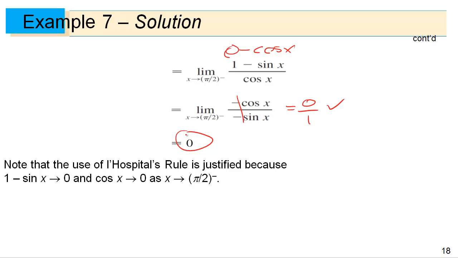And again, this is justified. We can do L'Hopital's rule because when we just evaluate it normally, we get 0 over 0, and we have to have that 0 over 0 or infinity over infinity, or we cannot use L'Hopital's rule.